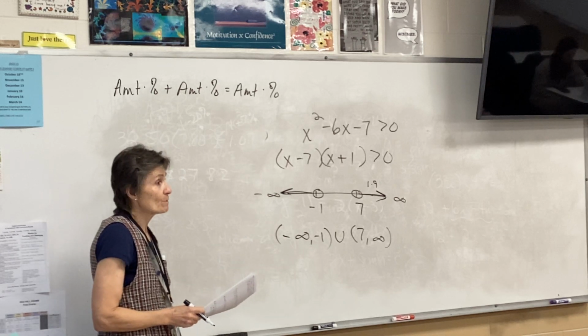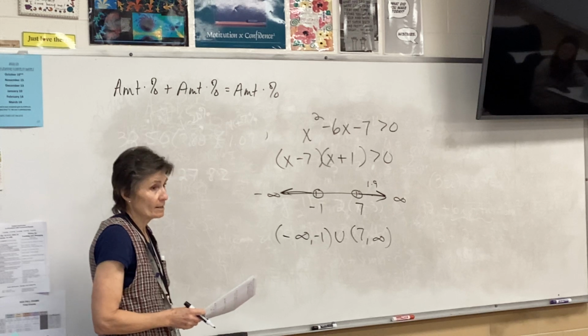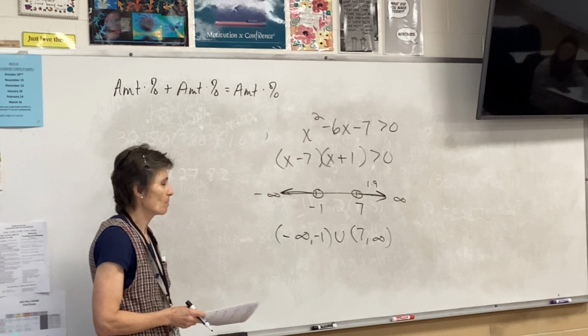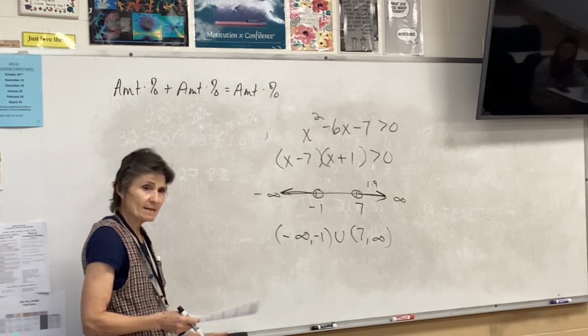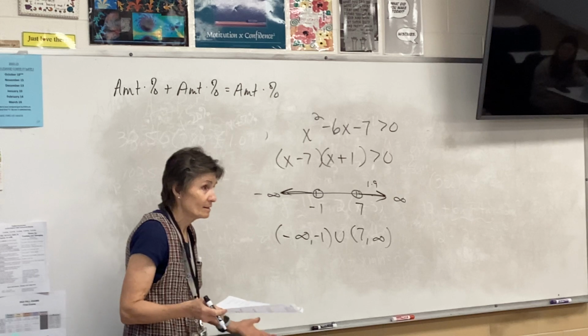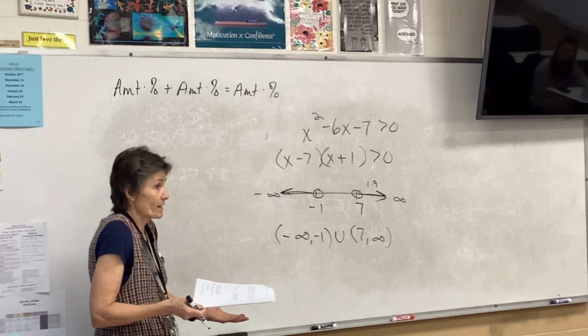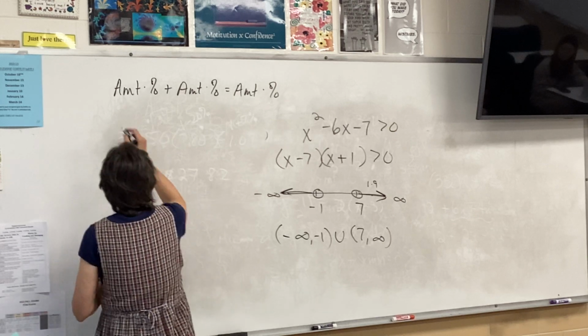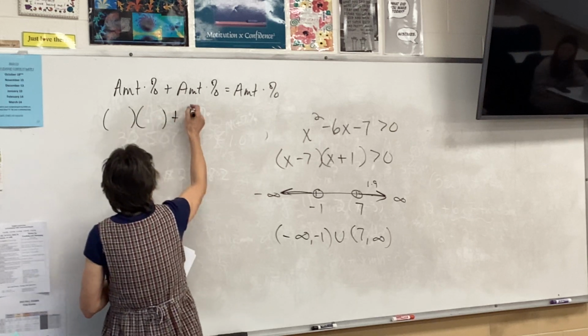Remember, on free response especially, write down anything you can remember. Even if you don't know how to finish the problem, write down anything you can remember so that you can get some partial credit. If you leave it blank, I can't do anything for you, right? Okay, so what do I know? I should know some percentages at least.